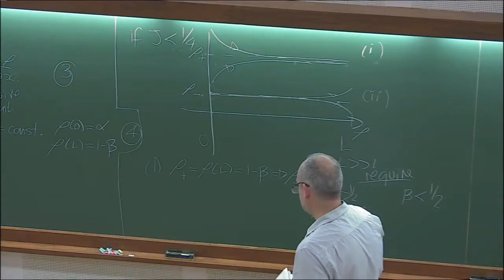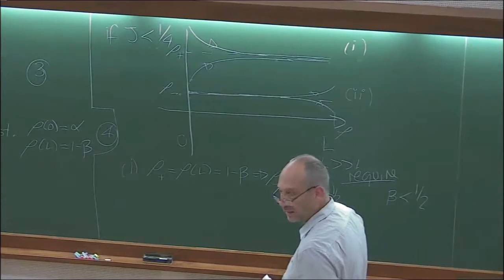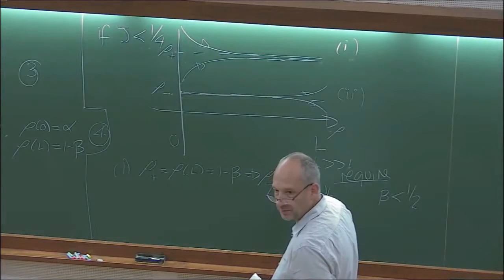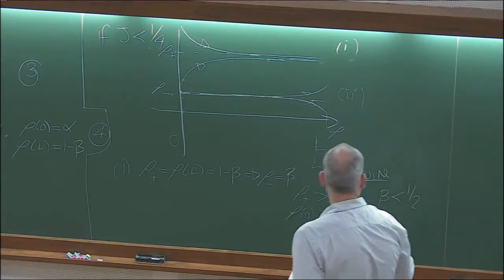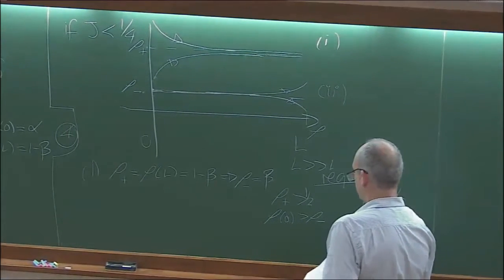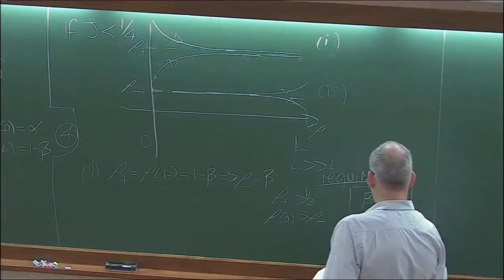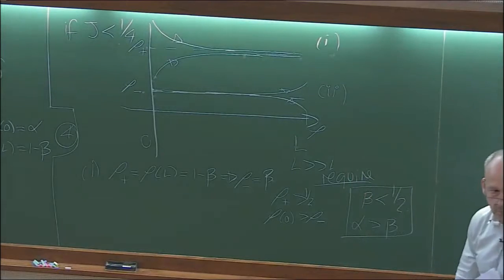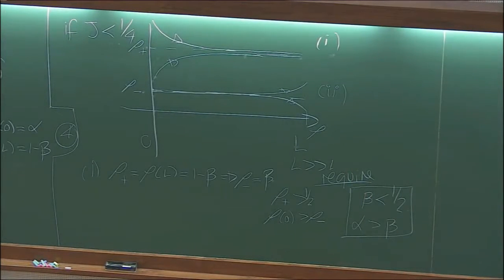So rho 0 is alpha, and it needs to be bigger than rho minus, which is beta. So I need alpha greater than beta. Okay, so that's my conditions.